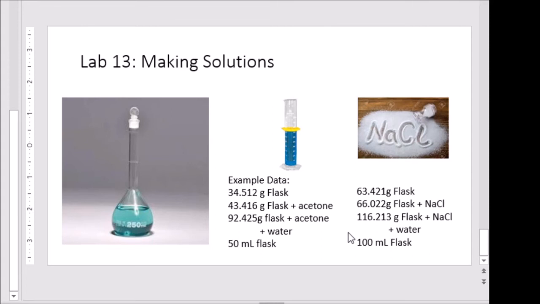Now if I just wanted to know the water, I would take the 116.213 minus 66.022, and that would give me just the water, which was 50.191 grams of water. Alright, we had 100.0 milliliters of solution.